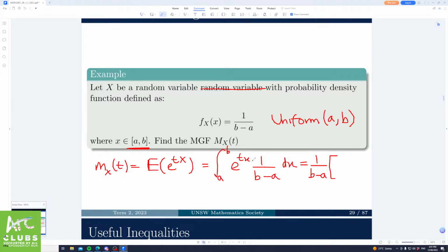That's pretty easy because e to the tx becomes 1 on t, e to the tx, and I'm just evaluating that between a and b. The t you can think of as a constant in this case, so I can join that t with the b minus a on the denominator.